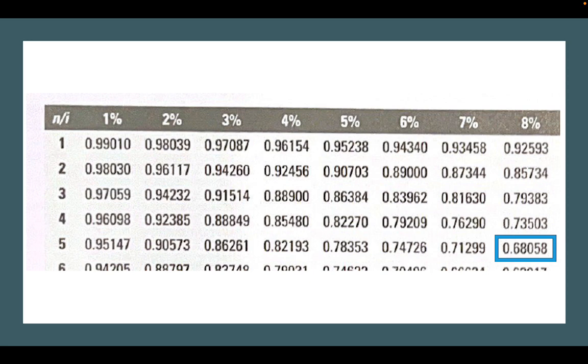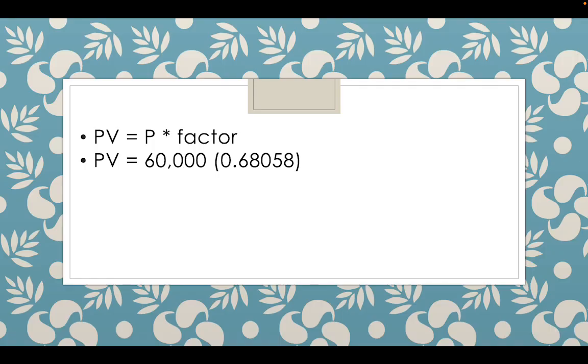So if you take 60,000 times 0.68058, you're going to get an answer smaller than 60,000. But that should make sense because, as we talked about just a few minutes ago, if I want to get to 60,000 in the future, I'm going to need to put less than 60,000 in the bank today in order to get there.